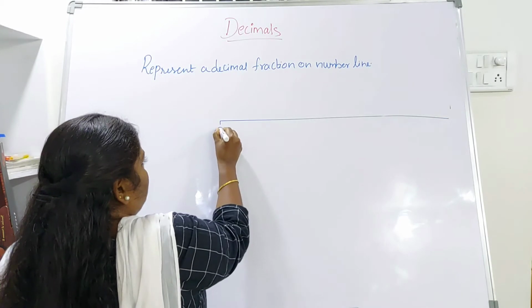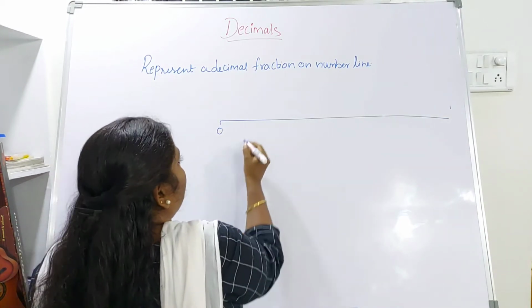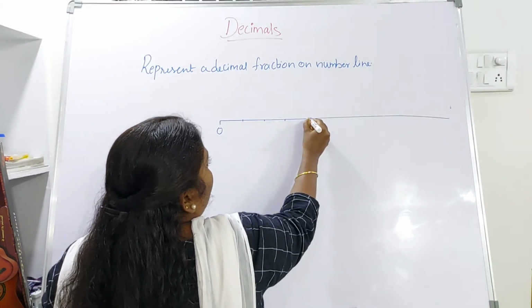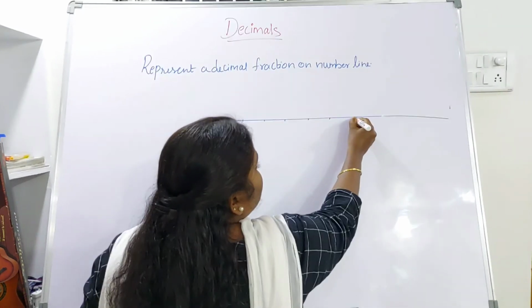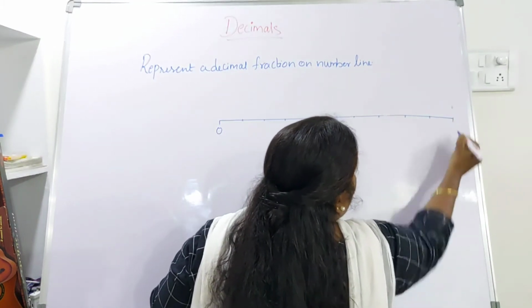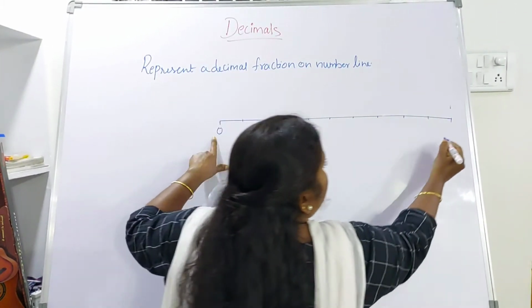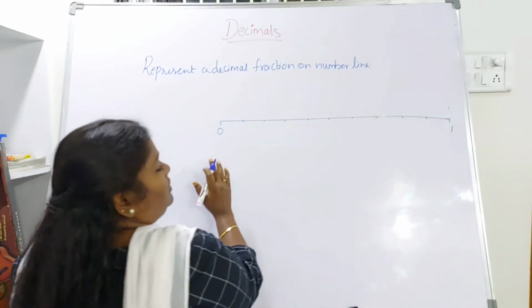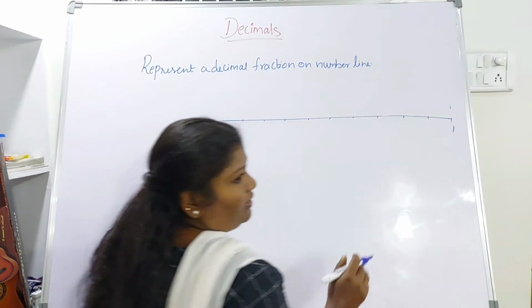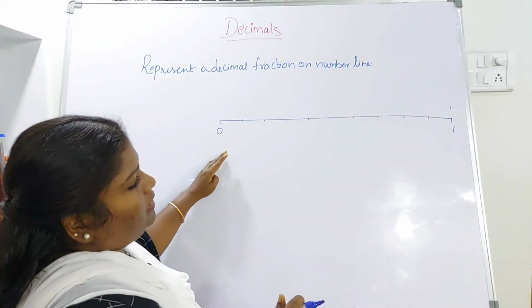If this is a 0 starting initial point, now 1, 2, 3, 4, 5, 6, 7, 8, 9, 10. So this is 1. Now this 0 to 1 has been divided into 10 parts.